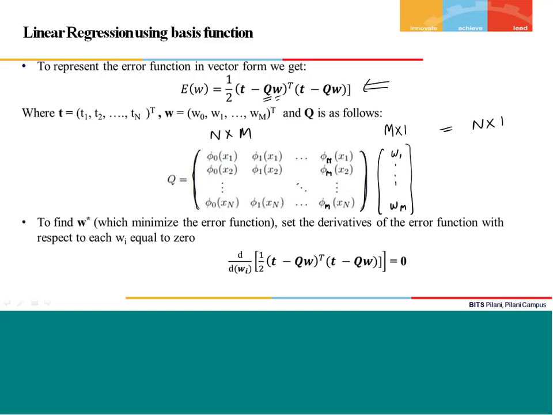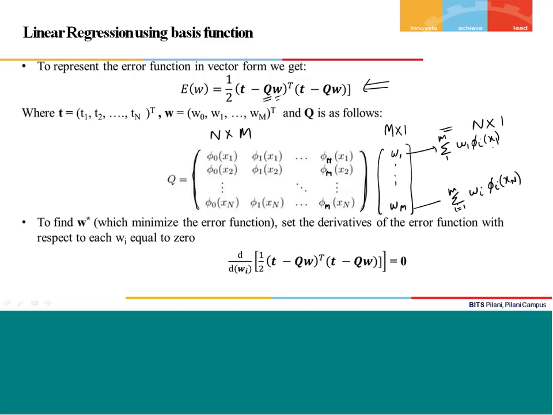So this is nothing but the sum over i equals 1 to M of Wi phi i. Likewise, this belongs to this row, and similarly the sum for i equals 1 to M of Wi phi i x n, right?